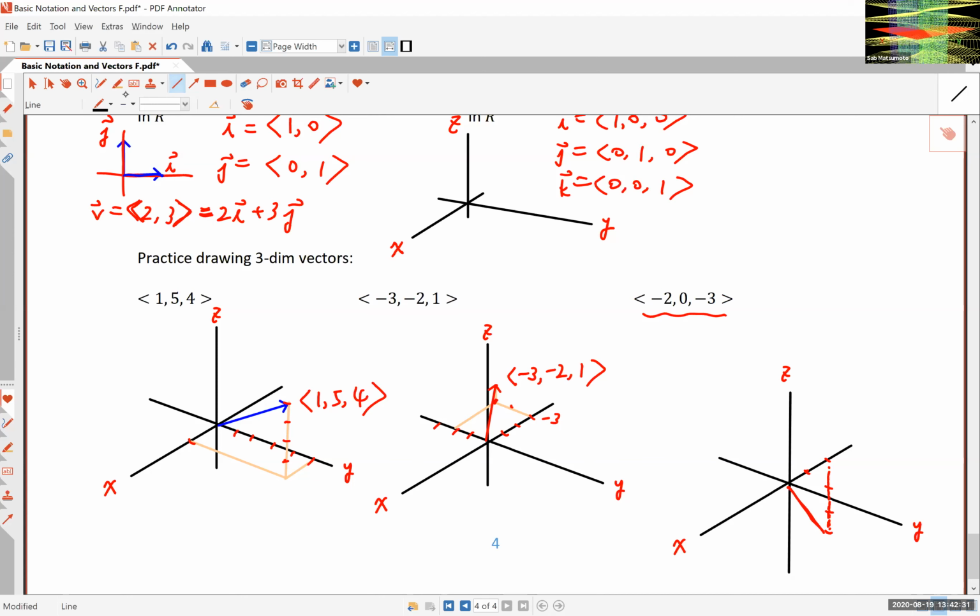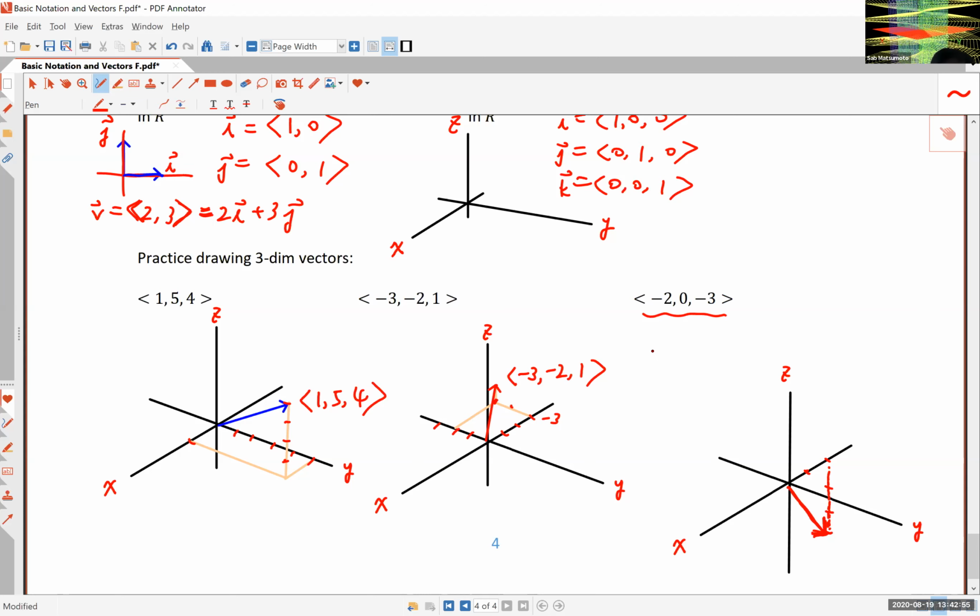In order to make sure that we have a vector, you may want to put a little arrow here too. Just having these little lines will help you see which direction, because if you didn't have any of these other lines, you don't know where this arrow is going. Is it going down or coming up from the xy-plane?